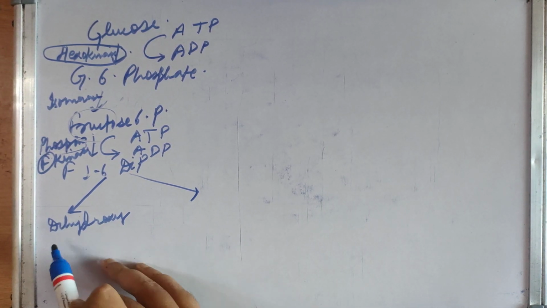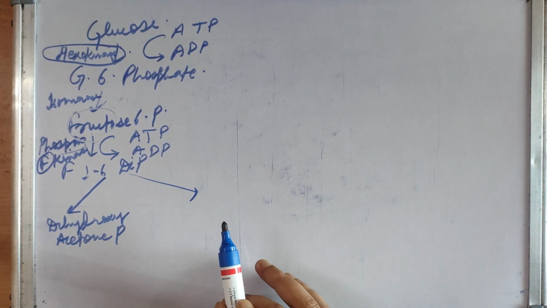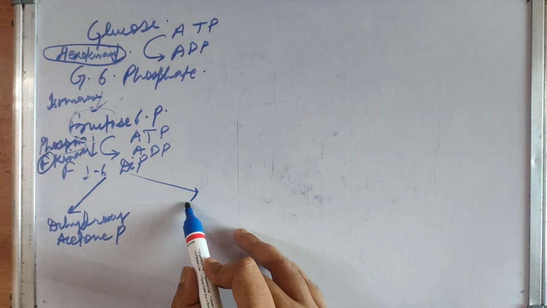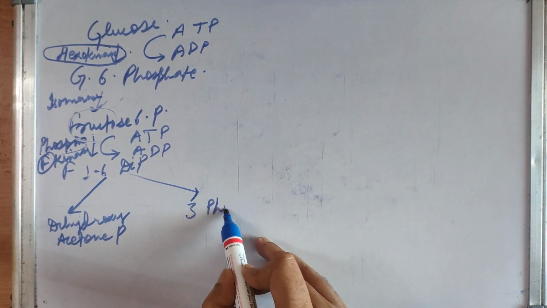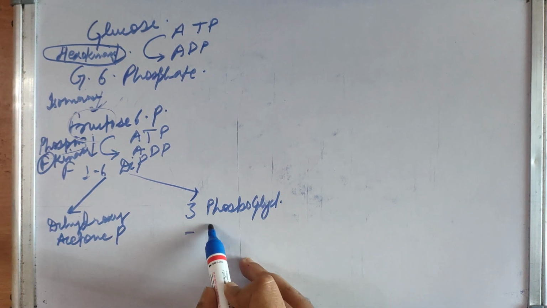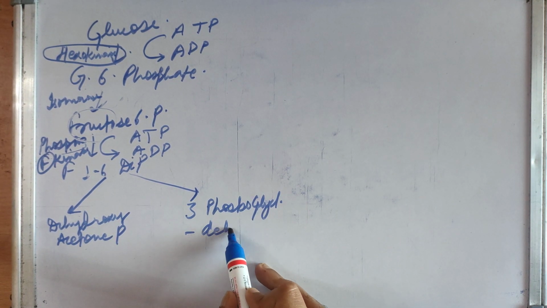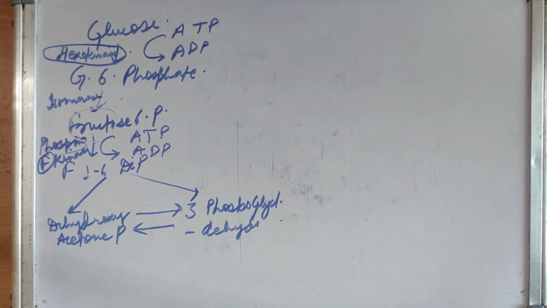It converts itself into dihydroxyacetone phosphate, and here it converts itself into 3-phosphoglyceraldehyde, and these two can interchange.